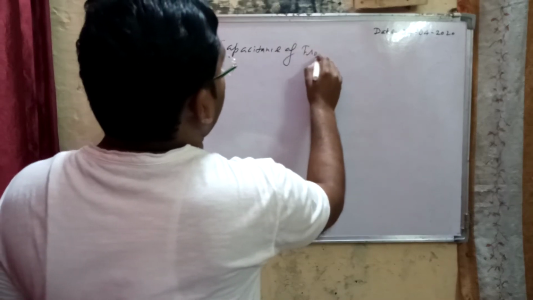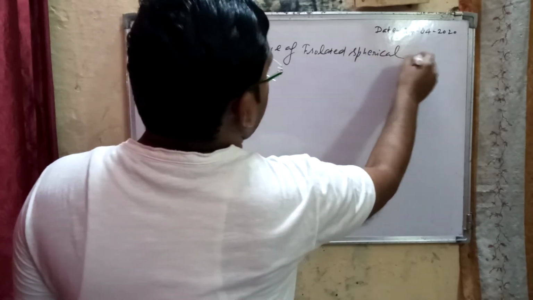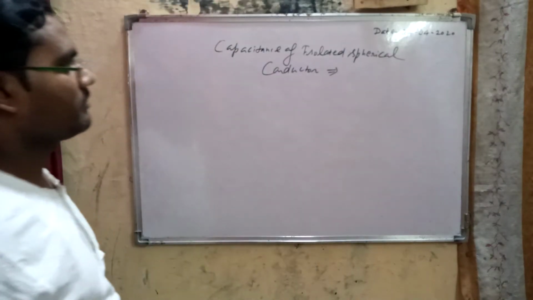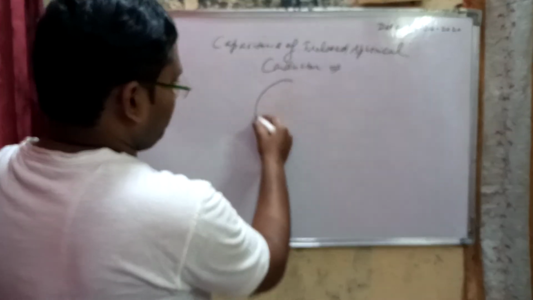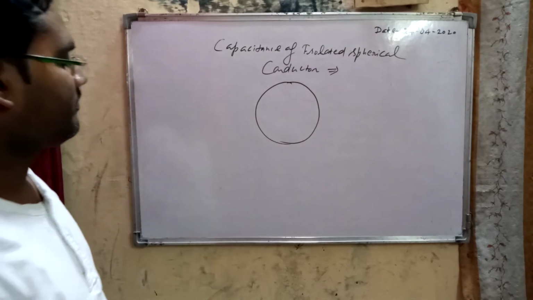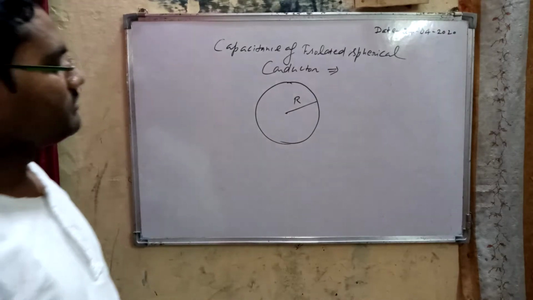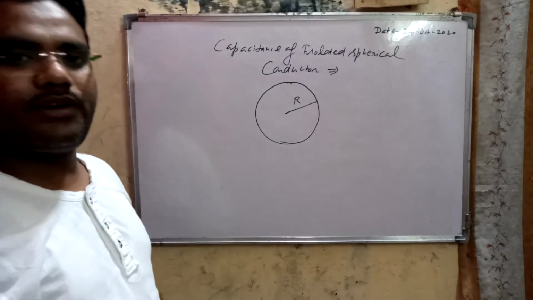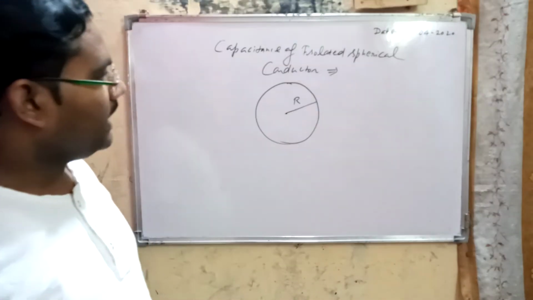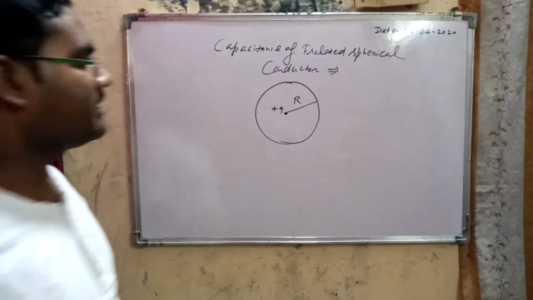Let there be an isolated spherical conductor of radius capital R, and the charge given to the conductor is plus Q. Let the total charge given to the spherical conductor be concentrated at its center.